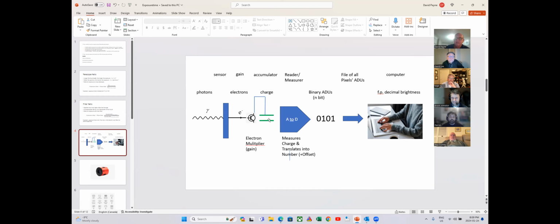And then this is still an analog signal over here. So what you do is you have this reader. You can think of it as just a device that's reading a gauge and translating that into a binary number for you. It measures the charge that you've accumulated over the exposure and translates it into a number.